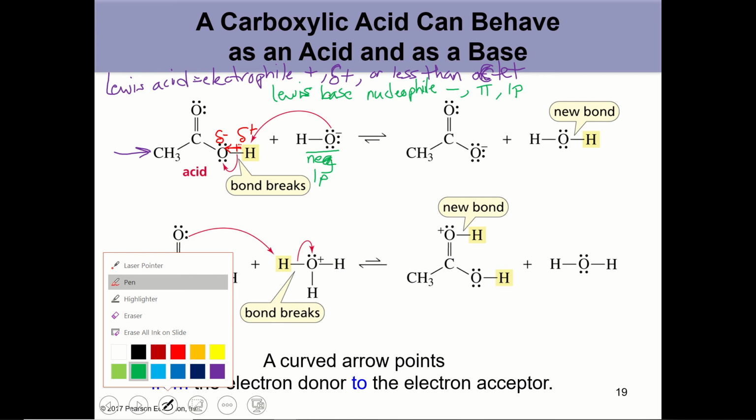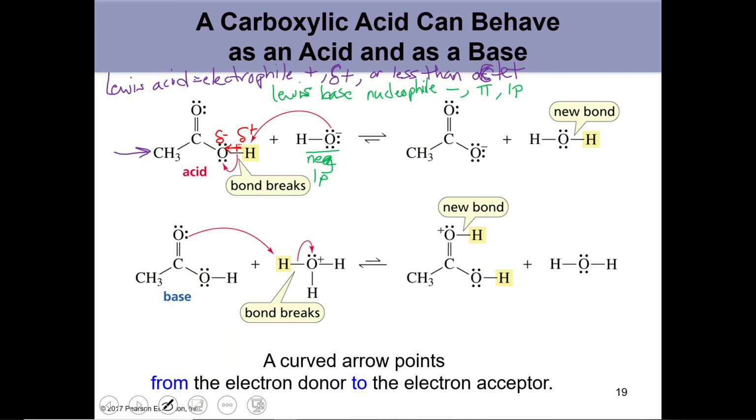And I said previously that in order to do this, what we should do is to give the pKa's of the acid in the reactant and the pKa of the acid in the product, and that the equilibrium of the reaction will favor the side of the reaction that has the acid with the highest pKa.